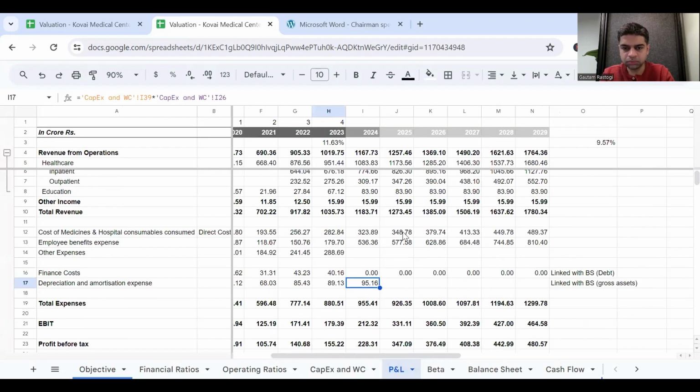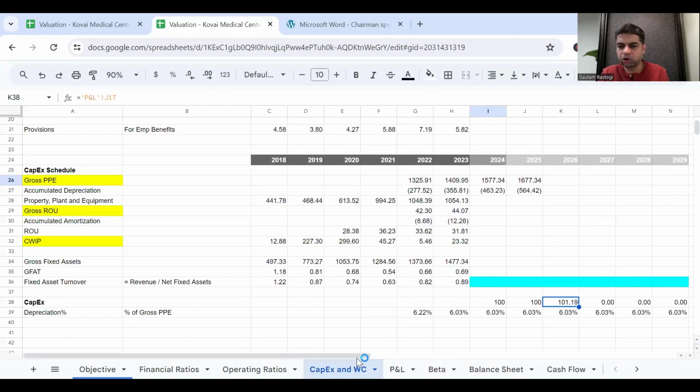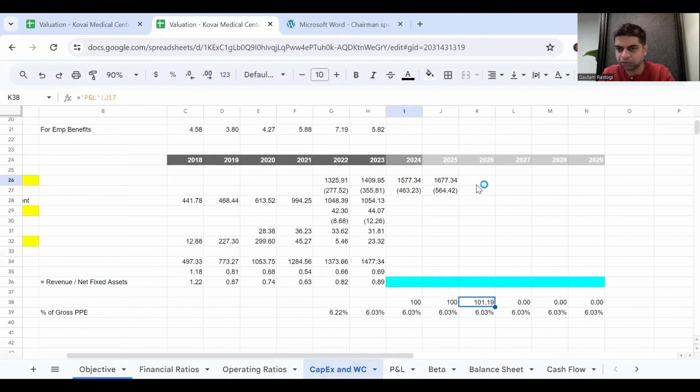That's 95.16. If I just pull it forward, it's 101.19 for 2025. And for the future years, I don't have anything because I have not slotted the gross PPE for these years yet. So let's do that.